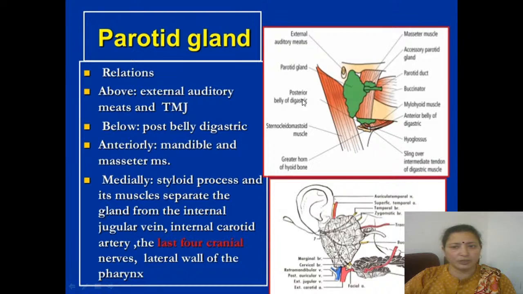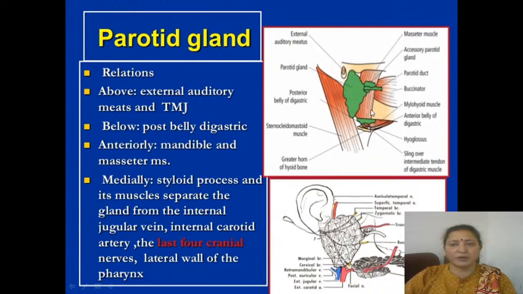What is the relationship? Above it has the external auditory meatus and the temporomandibular joint here. Then below is the posterior belly of digastric, and the mandible and masseter. This is the masseter muscle anteriorly. Mandible is along with it.